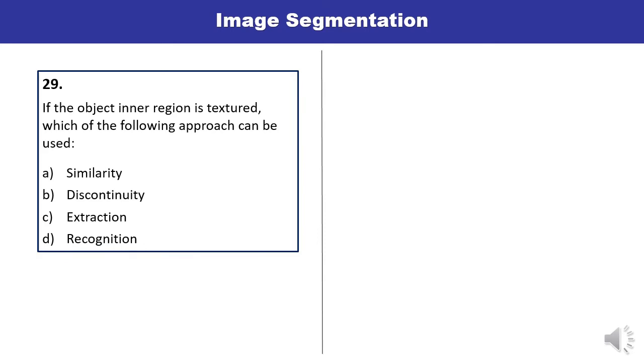Question number 29 is, if the object inner region is textured, which of the following approach can be used? Similarity, discontinuity, extraction or recognition. So when the object inner region is textured, then similarity approach is used. Means A is the correct answer.